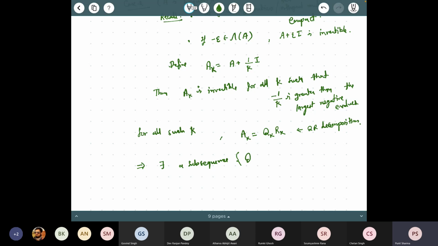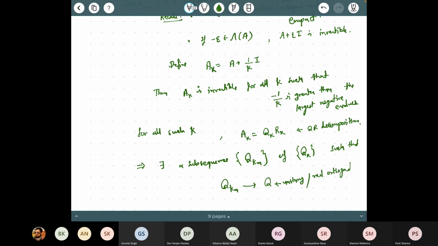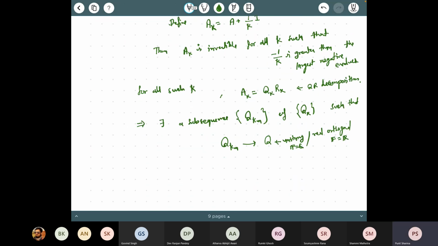You can denote it by QKM, a subsequence of QK, such that QKM converges to Q, for some orthogonal matrix when F is R, and unitary when F is C. Because the set of unitary matrices is compact, there exists a subsequence that converges.